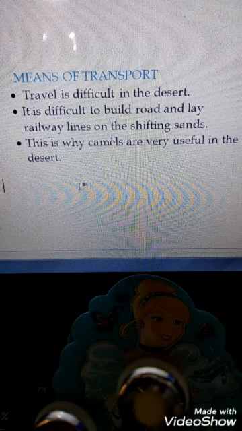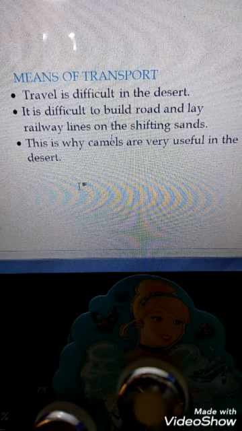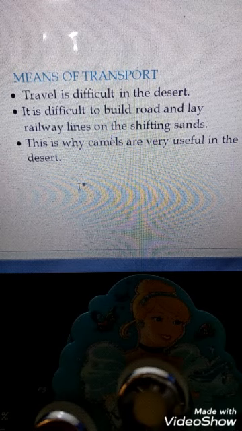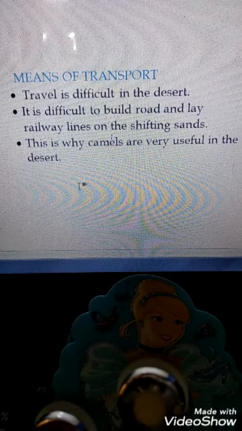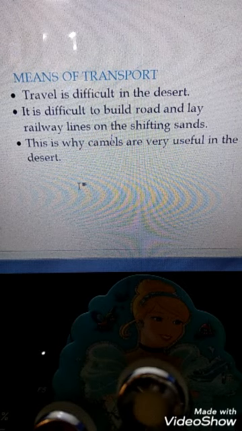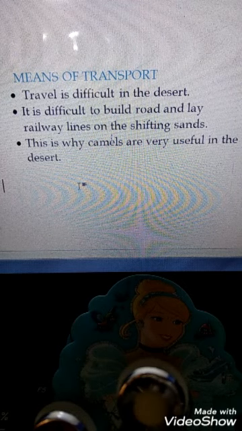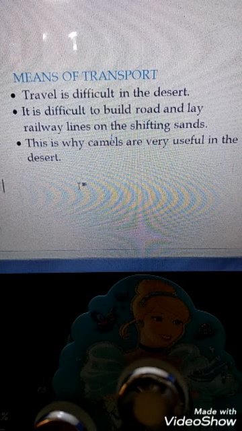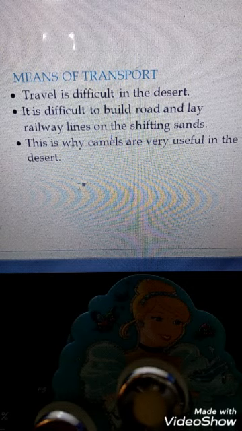Camel. That is the reason why camels are very useful in the desert region. Many people use camels and camel carts for traveling from one place to another.